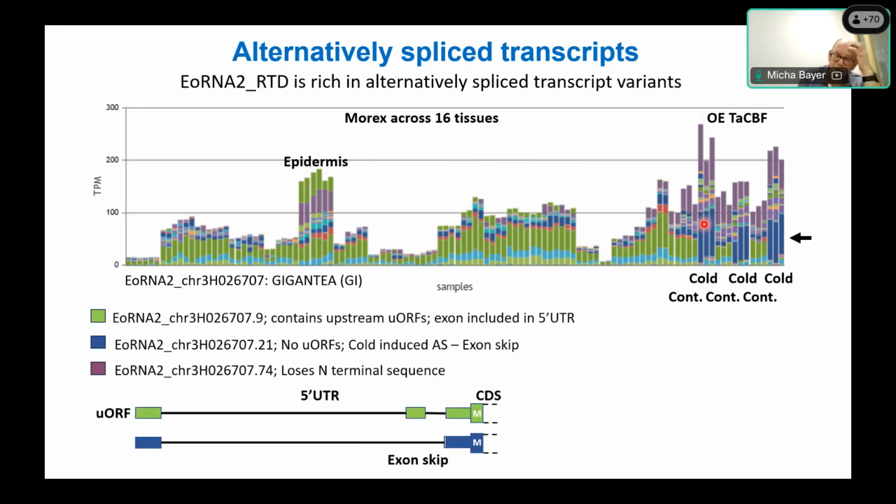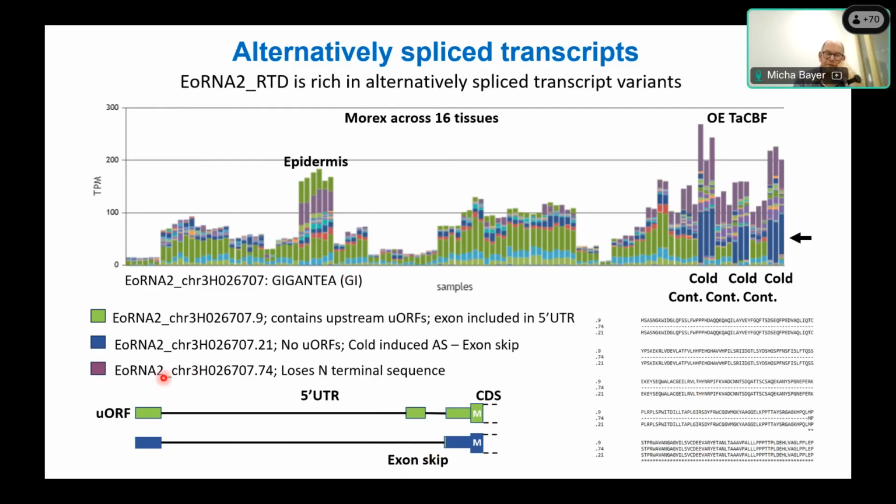So again, we can go and look at those different transcripts. And we find, again, we're back into our 5' UTRs, and we're also finding that an exon skip that's going on in the cold. And this then reduces the size of that, and you then lose an upstream open reading frame that you find in the green transcript.